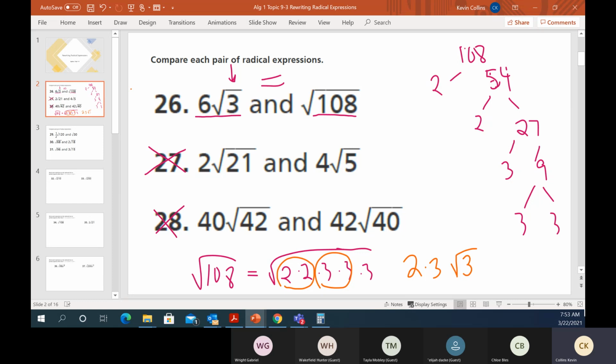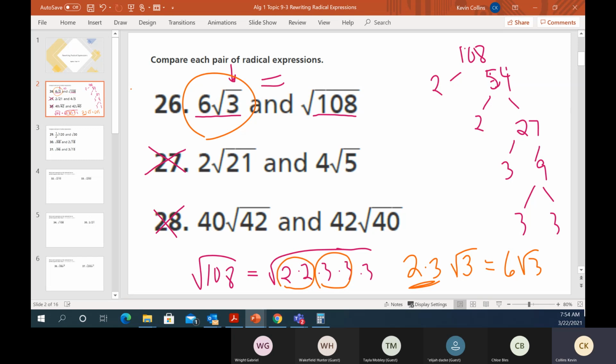He stays here. Okay? So then 2 times 3, we can multiply them together, right? That's going to be 6 square root of 3. I know, that's a little bit of a mind blower the first time you see it. I get that. Okay, so that's one way.